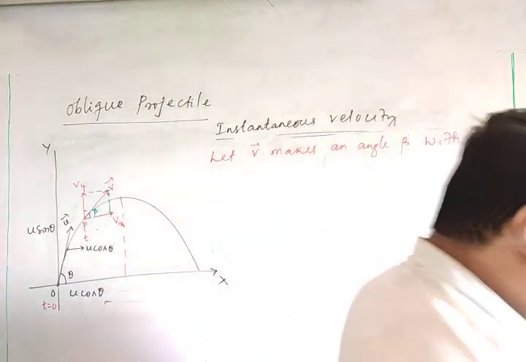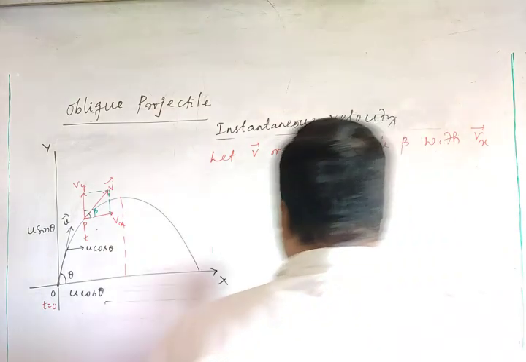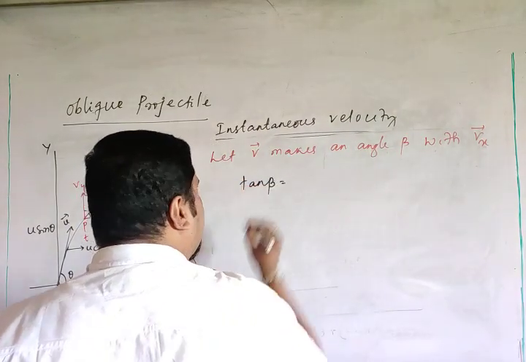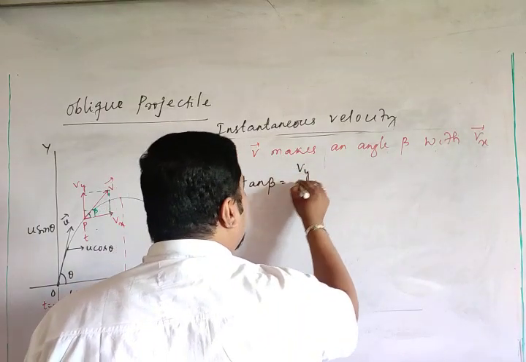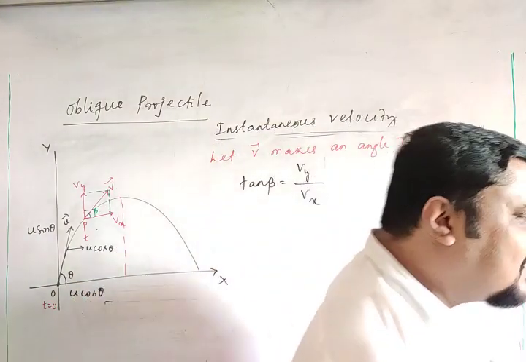Then we can know that tan beta is equal to, using the parallelogram law for rectangular form, tan beta is equal to what? vy by vx. What is this vy? Already we got this vy.